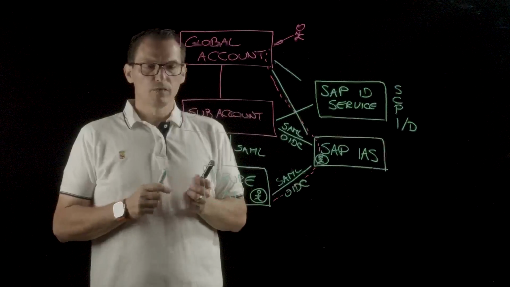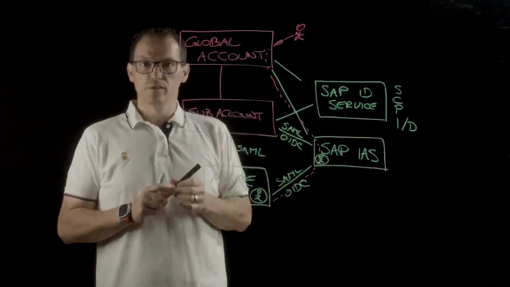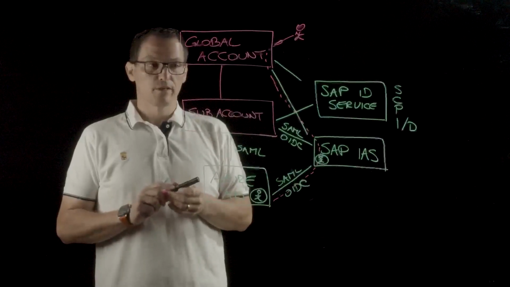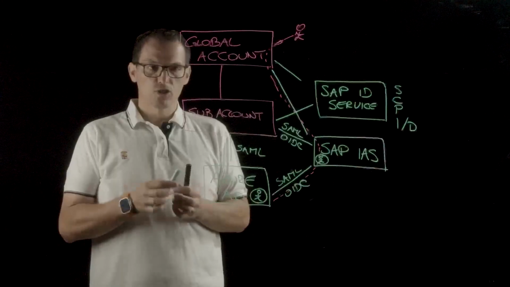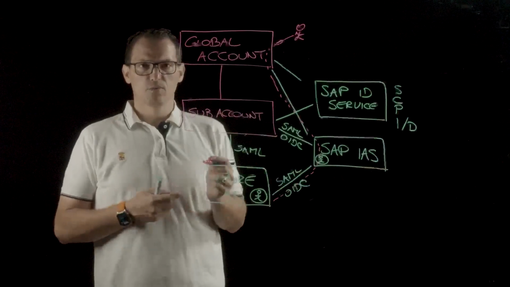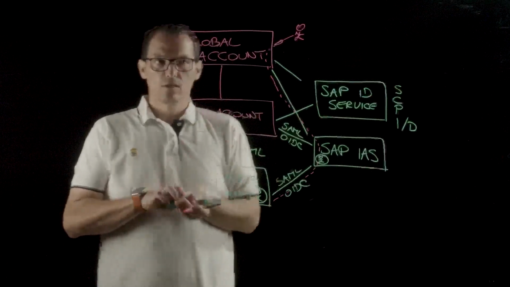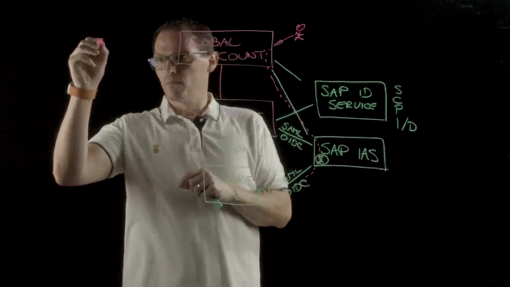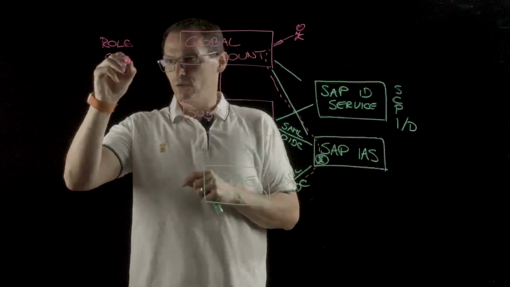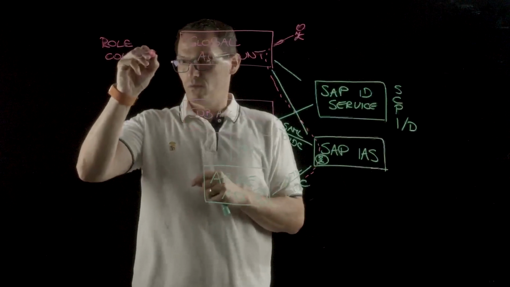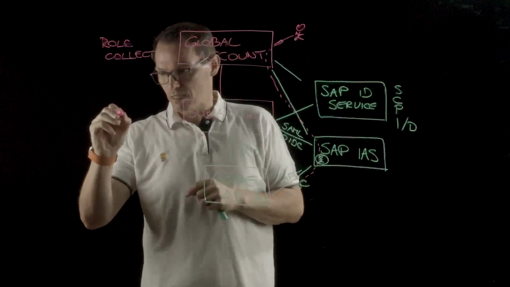There is one more thing that we need to talk about, because so far we have just talked about authentication. We also have to talk about authorization. The authorization concept in the BTP is pretty easy. We have something called role collections, on the global account and also on the sub-account level.